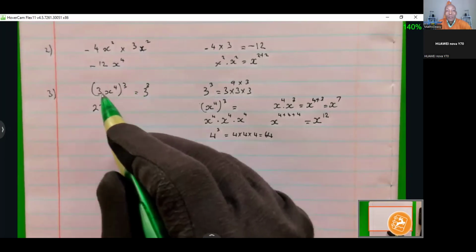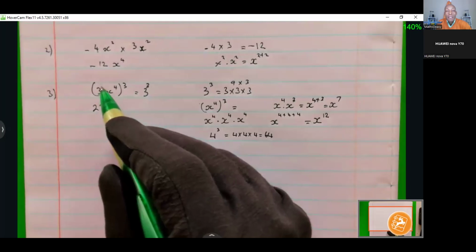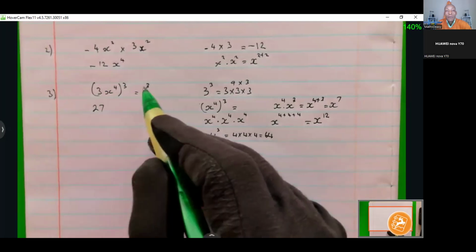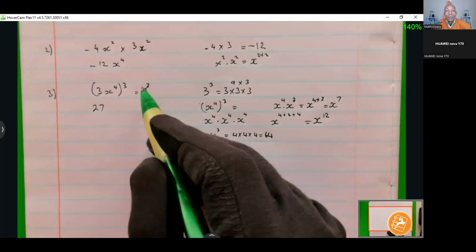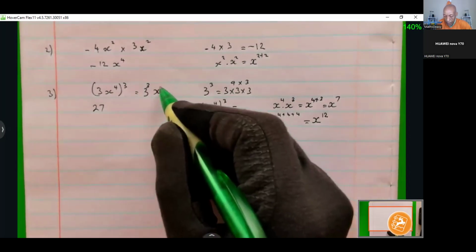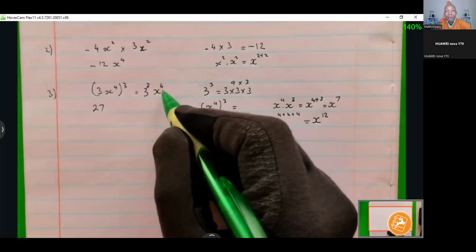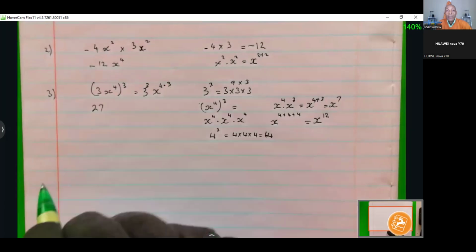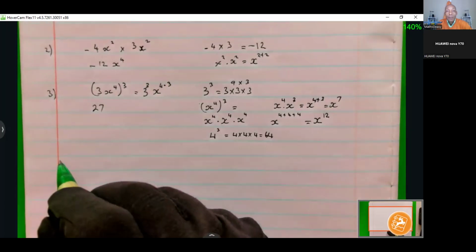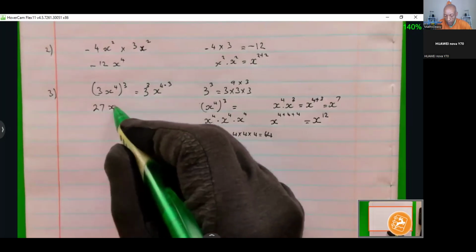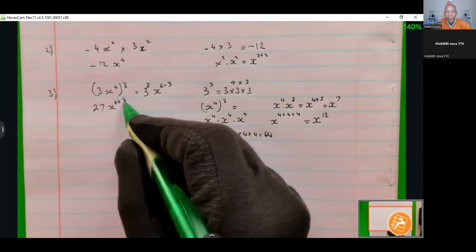Okay. Remember, what is the invisible exponent there? 1. So 1 times 3 gives you what? 3. The same thing. We are saying with the x to the power of 4, we are raising it 3 times. So it is basically the same as saying x to the power of 4 times 3.